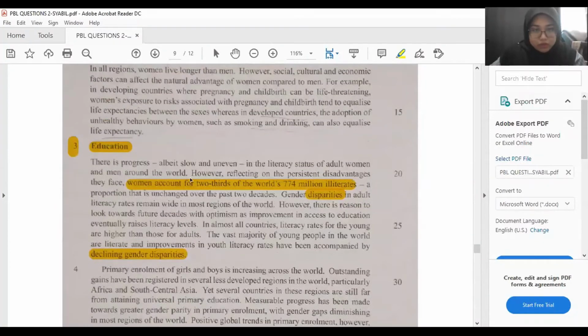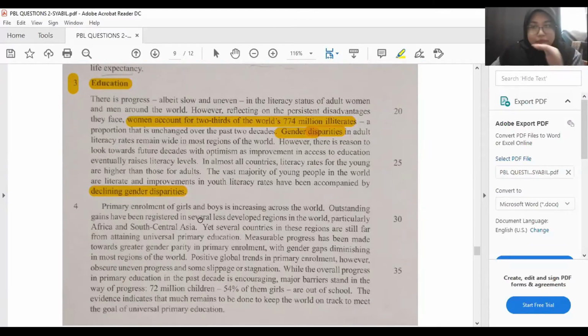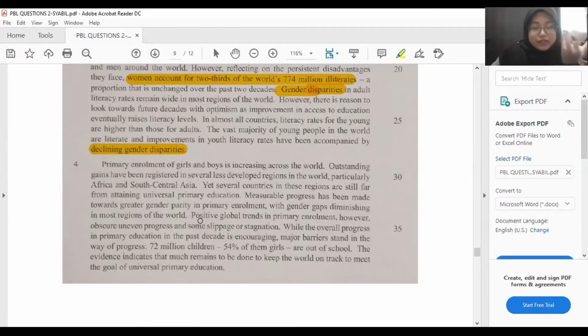As we can see from this paragraph, it mentions that women account for two-thirds of the world's 774 million illiterates, and it also mentions gender disparities, which means that it is not balanced, one gender is more than the other. It also mentions declining gender disparities, so they are trying to make it the same, not to change that.